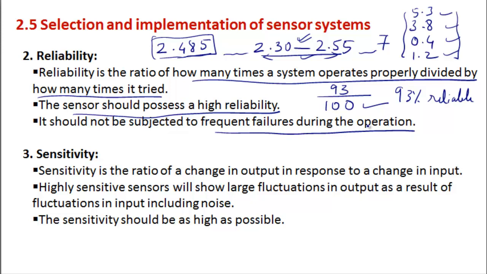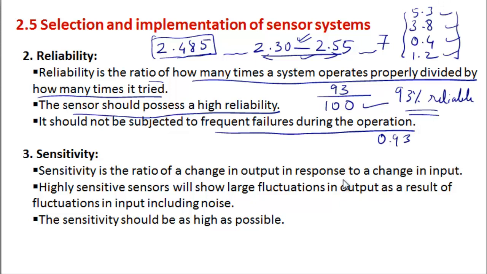So whenever you are trying to buy a sensor, you should ask what is the reliability of this sensor, that is, what is the percentage of correctness that I will get. That is a ratio. Generally it will not come in terms of percentage. It will come as a ratio, which is 93 by 100, or 0.93, which actually means 93%. So that is what reliability is.